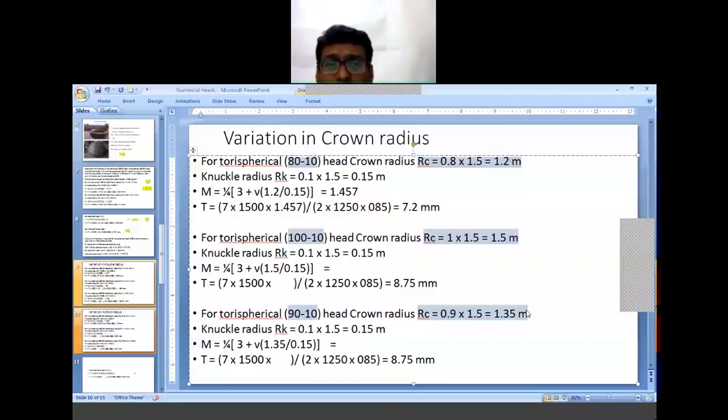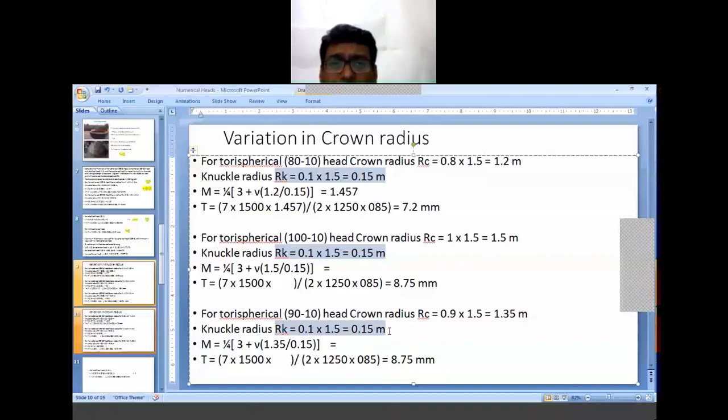Similarly, the knuckle radius will be the same everywhere in this case. Only the variation in the crown radius will be observed because of 80, 100 and 90. So the crown radius will be 1.2 meters, 1.5 meters and 1.35 meters, and the knuckle radius will be the same everywhere, 0.15, 0.15 and 0.15 meters.